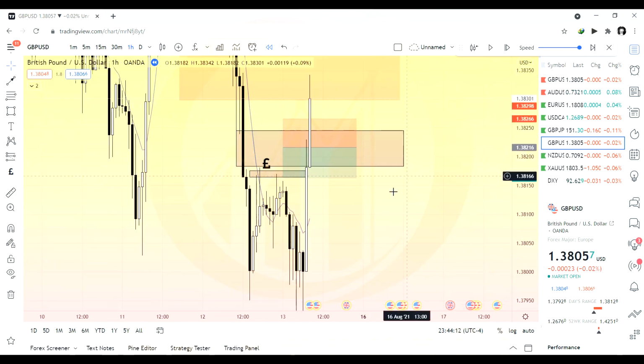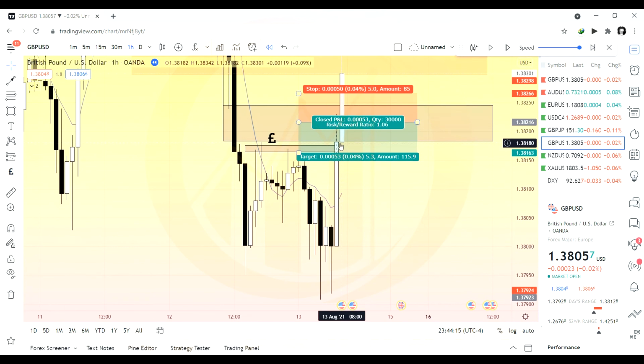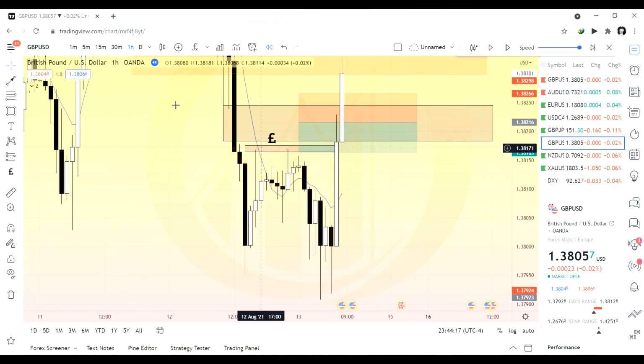Now, we did get the wick entry and we did get the retracement. However, we didn't smart TP.